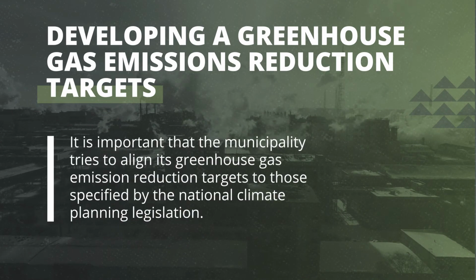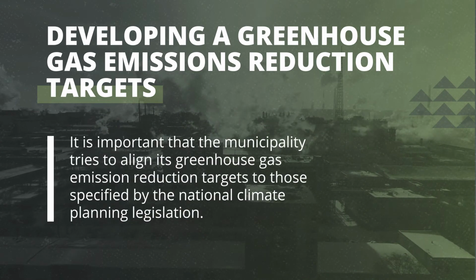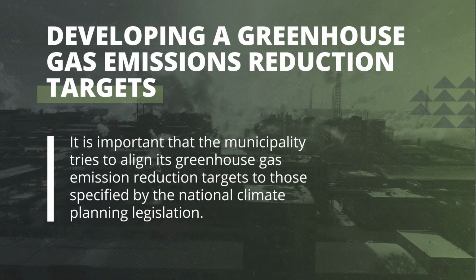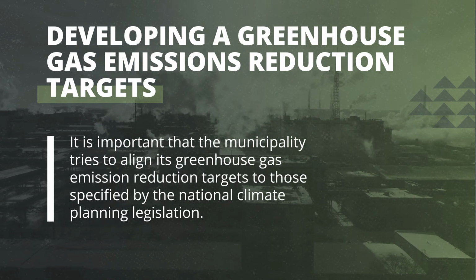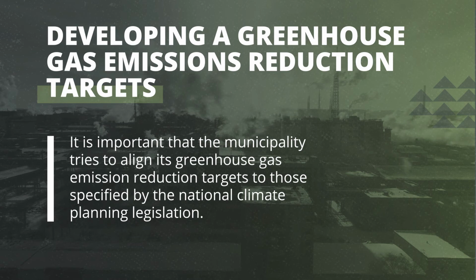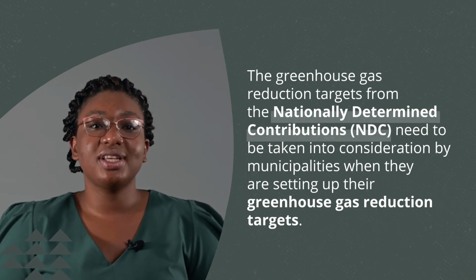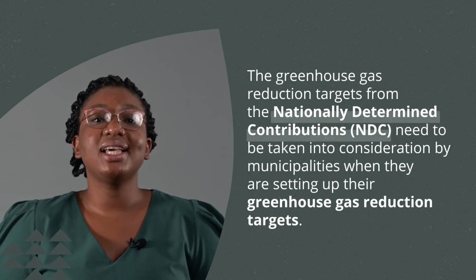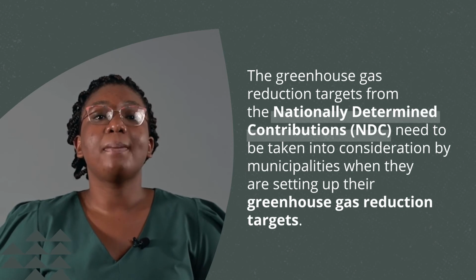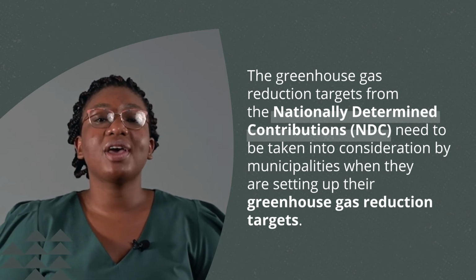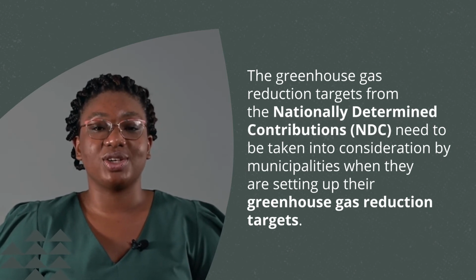It is important that the municipality tries to align its greenhouse gas emission reduction targets to those specified by the National Climate Planning legislation. This means that the greenhouse gas reduction targets from the nationally determined contributions need to be taken into consideration by municipalities when they are setting up their greenhouse gas reduction targets.